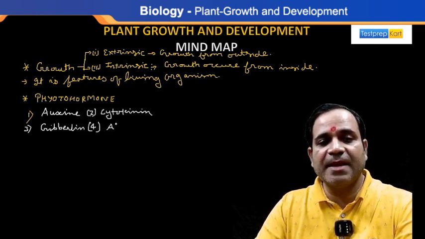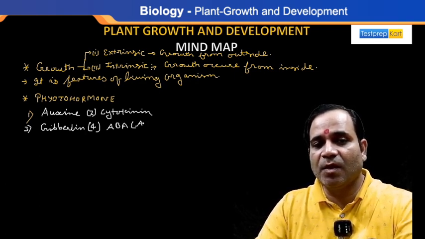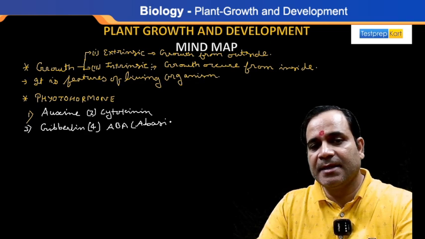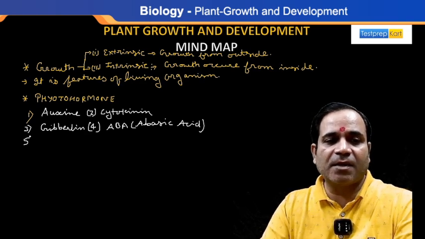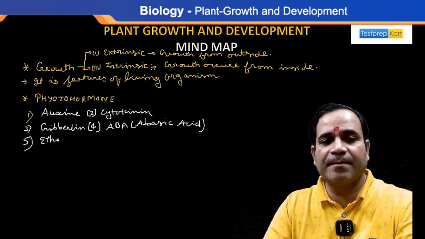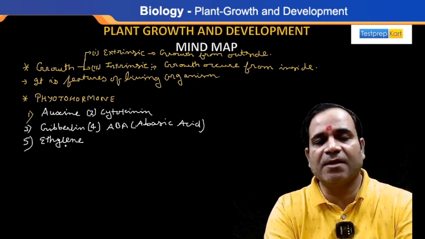Fourth one is ABA. In short we say ABA, but the full form of ABA, you know, is abscisic acid. And fifth one is ethylene, my dear.